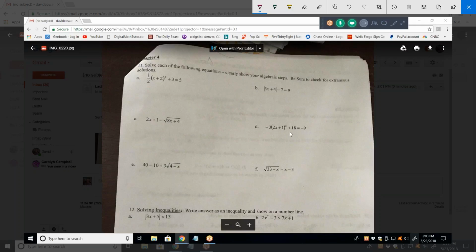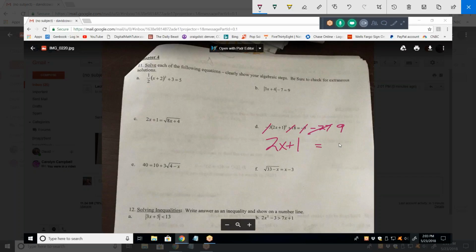On D, first step, you would subtract 18. Okay, that becomes -27. Second step, you would divide by -3. Okay, becomes 9. Third step, square root both sides. Okay, the left side becomes 2x plus 1.